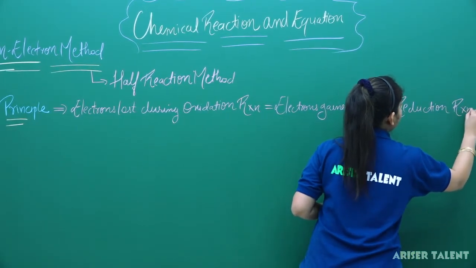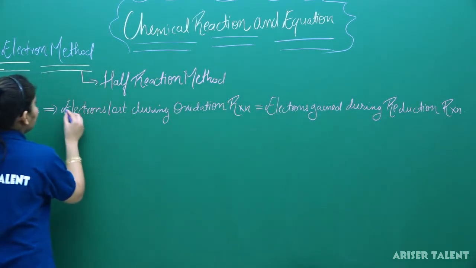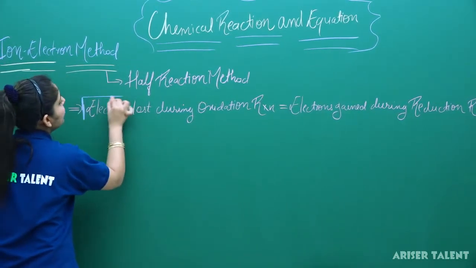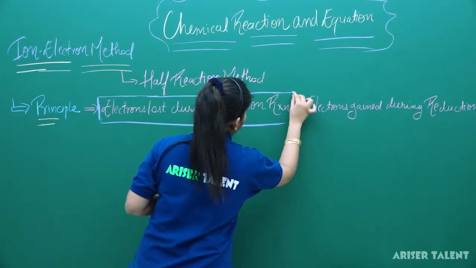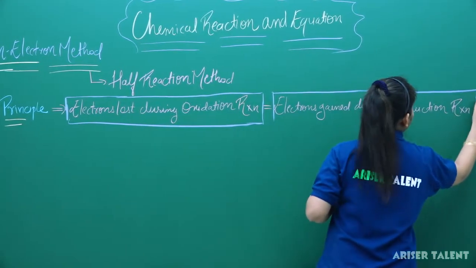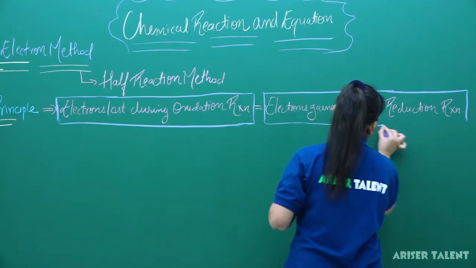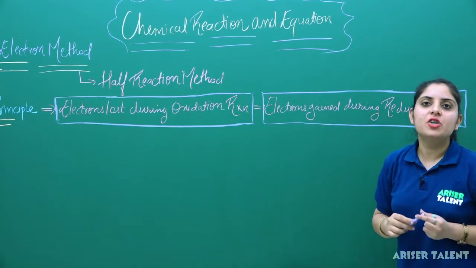So this will be the basic principle involved in this half reaction method, that electrons lost during the oxidation half reaction will be equal to electrons gained during the reduction half of the reaction.